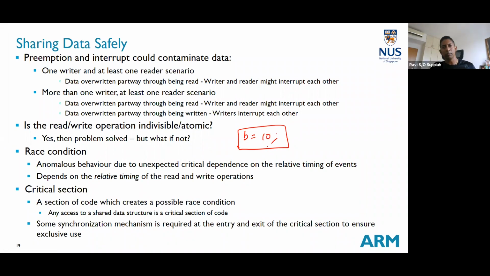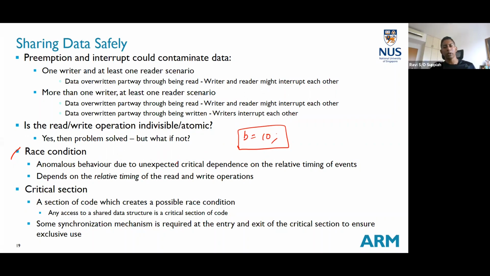You need to load from memory or update a register and then write to memory. So definitely most instructions would not be considered atomic at the C level. So you definitely have a potential issue of a race condition, as you have seen before. That means in some cases it might work, some cases it might not, because you might have a context switch while you're executing a particular instruction.